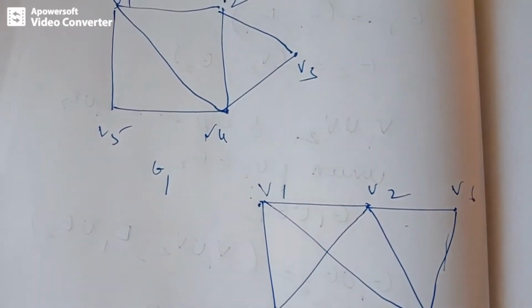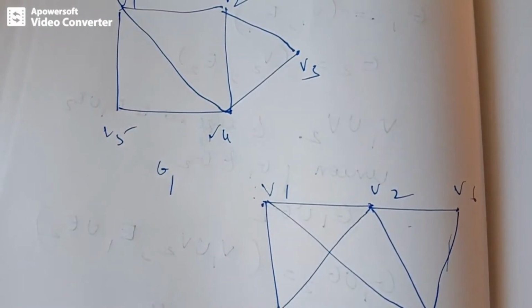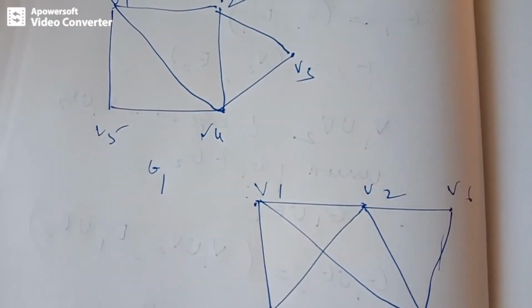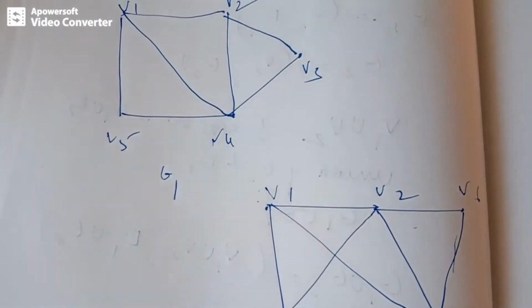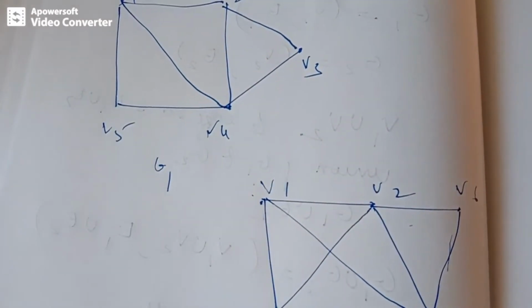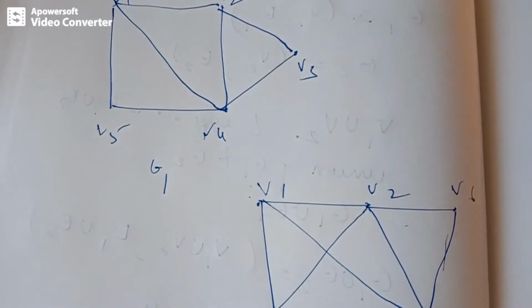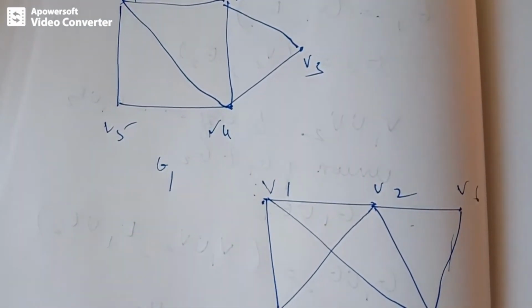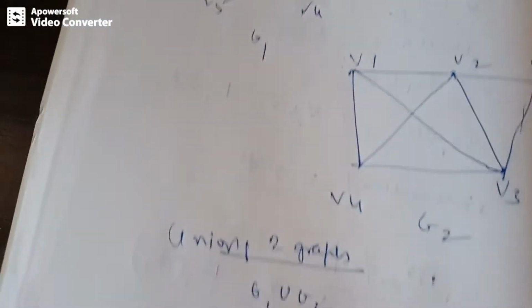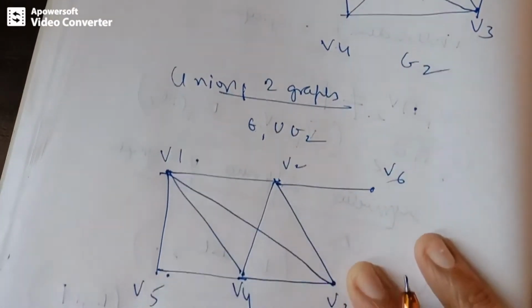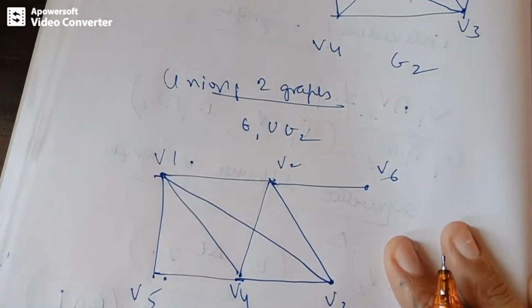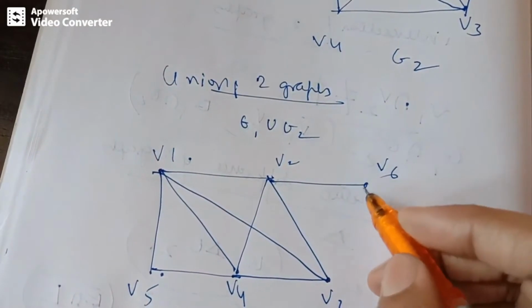V3 will be connected to V4 too. And V1 will be connected to V3. And V5 is connected to V4. So far it looks like this. Still more, we have got a connection from V6 to V3.